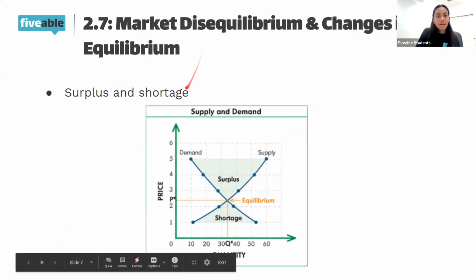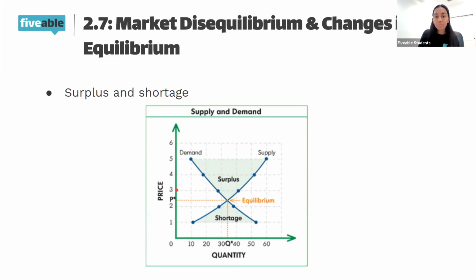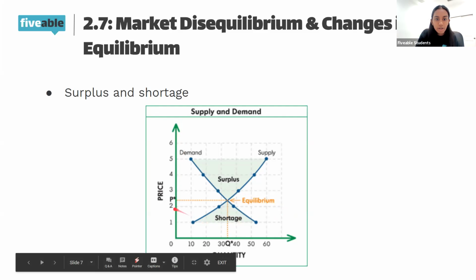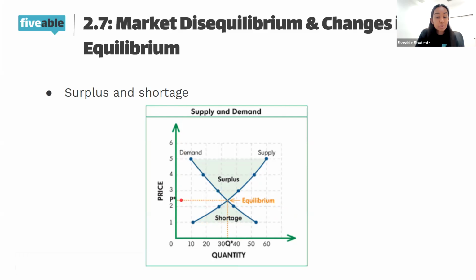Okay, so when there are changes in equilibrium in a market, there are things called surplus and shortage. As you can see in this graph, the equilibrium price is right here at 250, I guess.